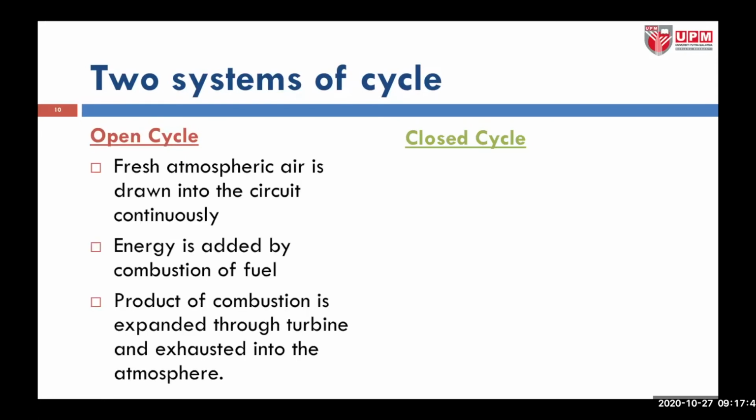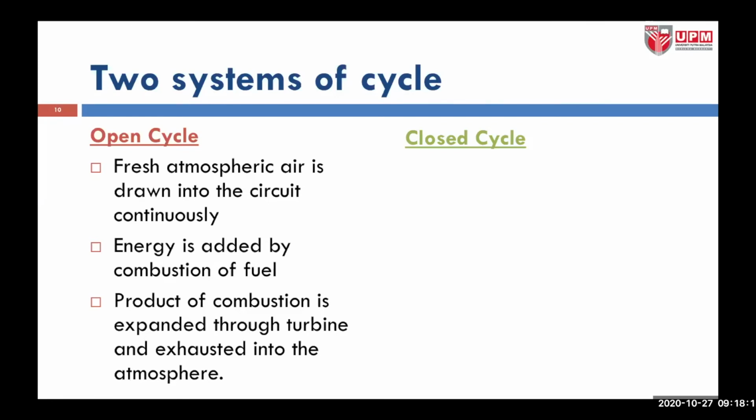For the open cycle system, we know that fresh atmospheric air is drawn into the circuit continuously. For example, like the gas turbine engine on an aircraft, right? So you have continuous air, which is atmospheric, right? It is coming from outside, being drawn into the inlet, going into the compressor, and then so on, right? Where energy is added by combustion of fuel.